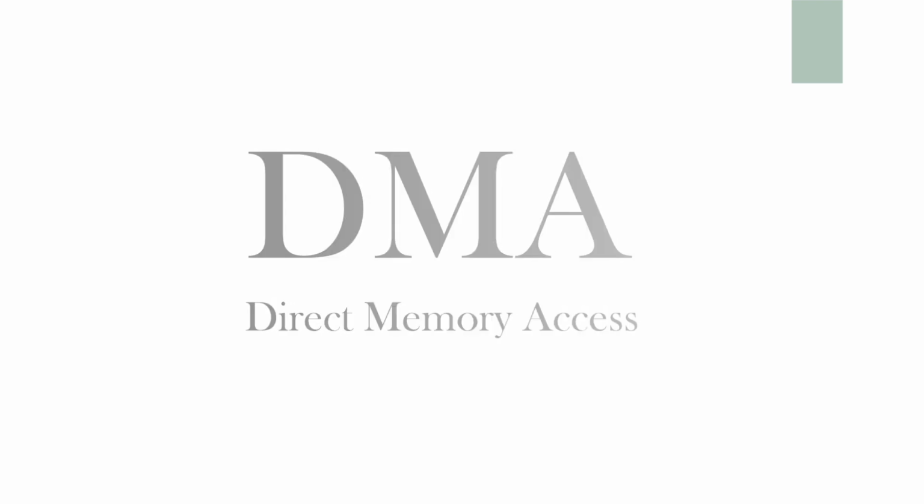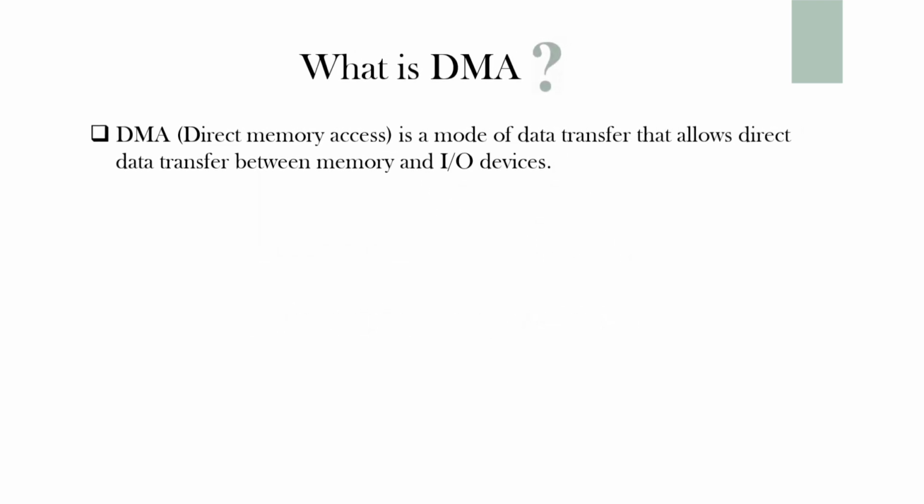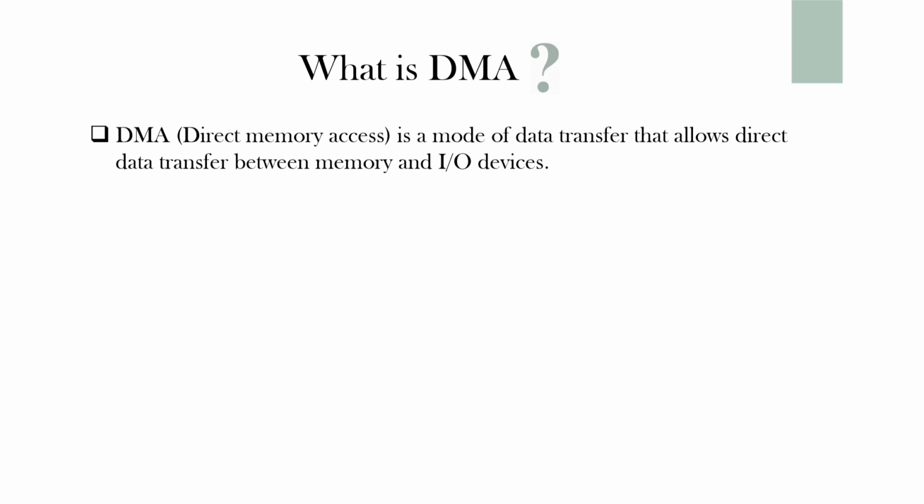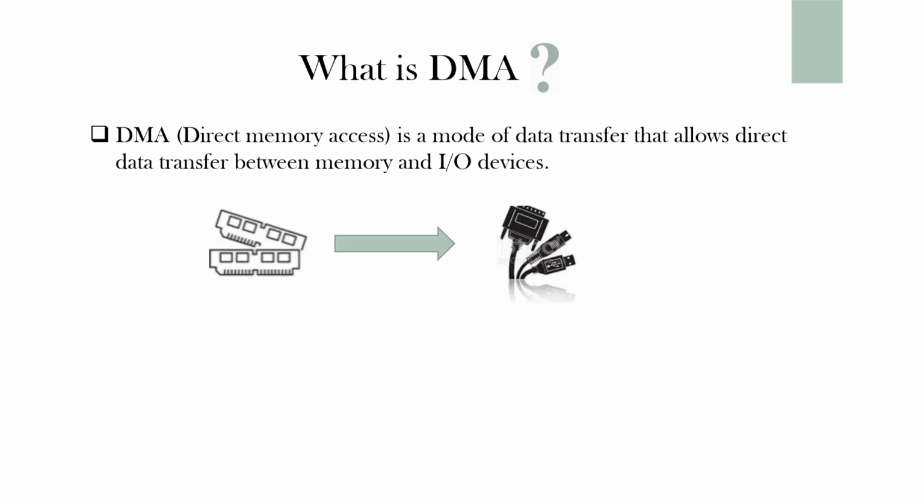Now we will see what direct memory access means. Direct memory access, DMA, is a method that allows input-output devices to send or receive data directly to or from the main memory, bypassing the CPU to speed up the memory operations.